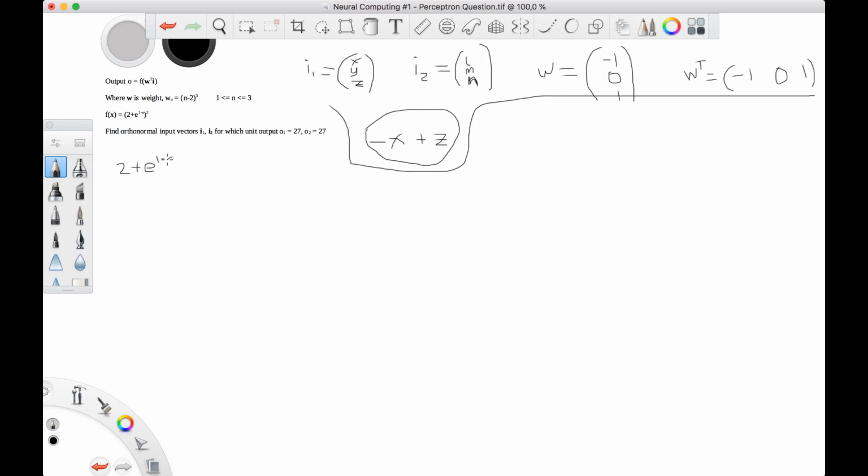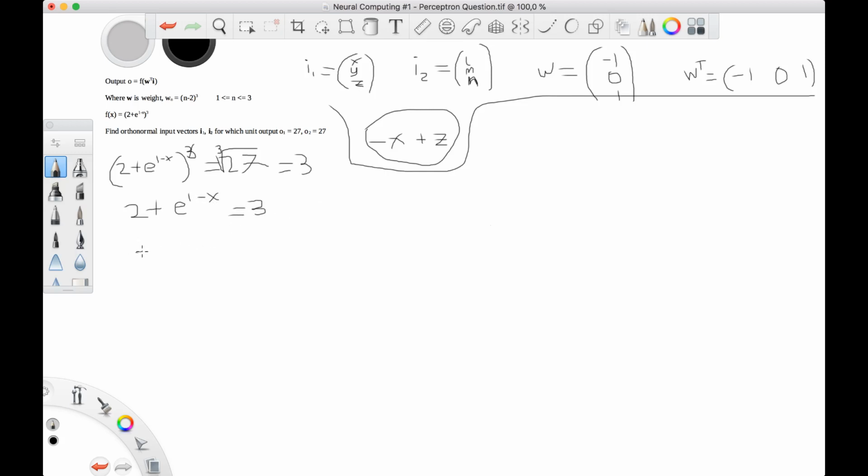This is equal to 27 for both of the outputs. Well, if we just cube root this and cancel that out, we get 3. So we have 2 plus e to the power of 1 minus x is equal to 3.